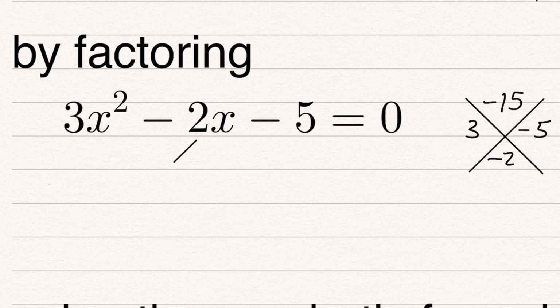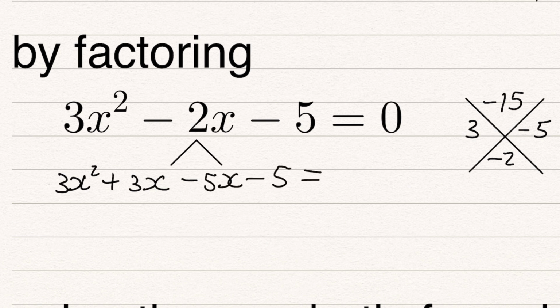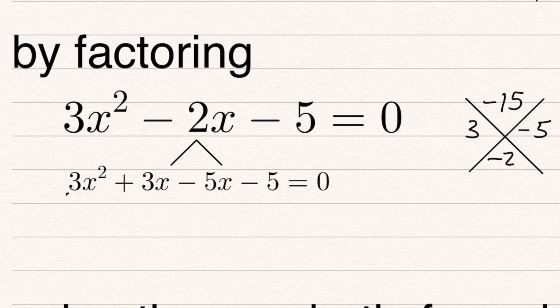So we can split our equation's middle term. We get 3x squared plus 3x minus 5x minus 5 is equal to 0. Now we can factor by grouping. So from these, we can take out 3x. That would leave us with x plus 1.